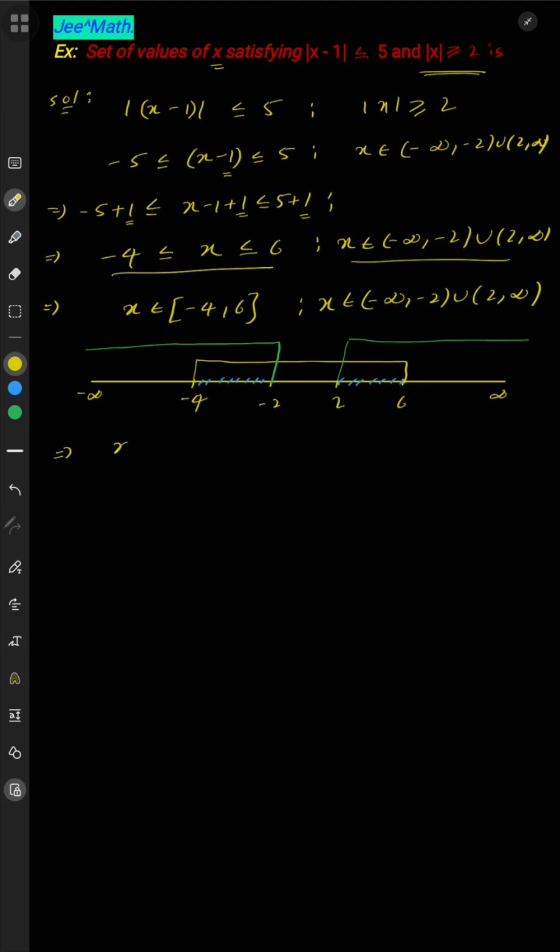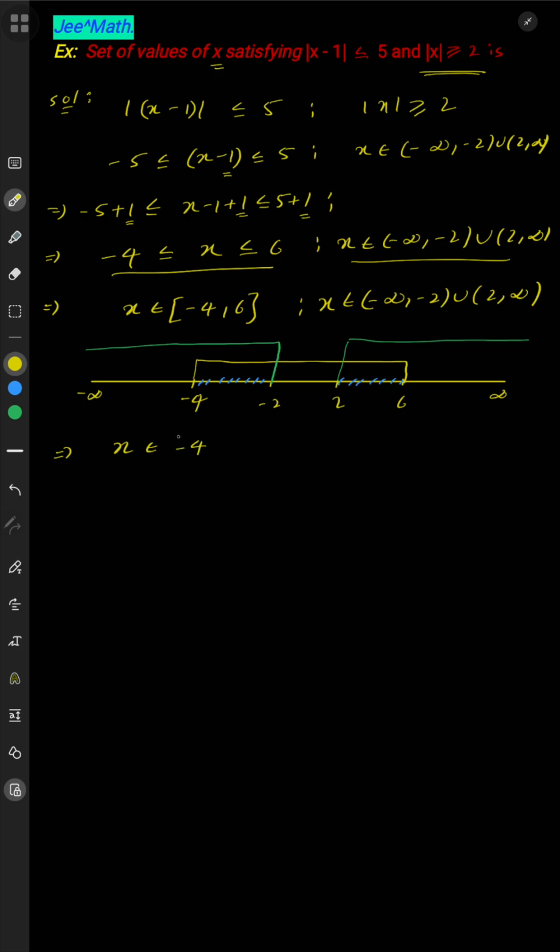So it all implies what? x belongs to... can −4 be taken or not? For −4, a closed bracket is there in the first interval, so it can be taken from the first one. In the next one also, −4 is there in this interval, correct? So −4 exactly can be taken.